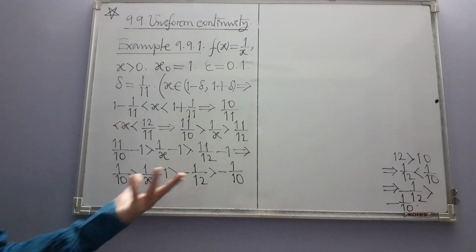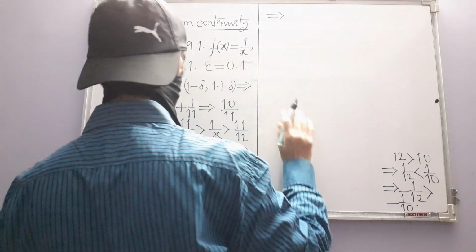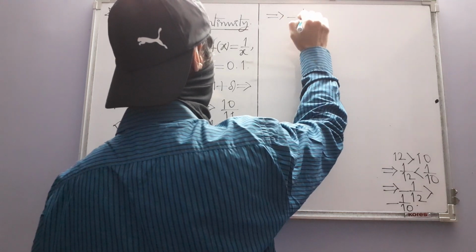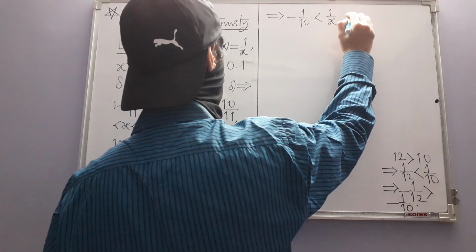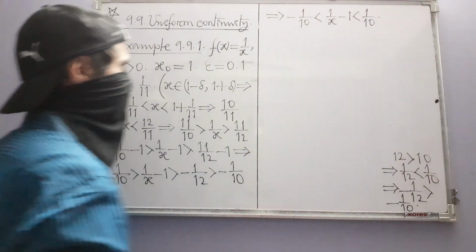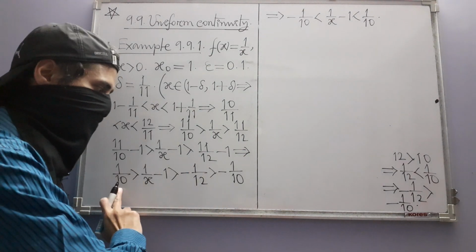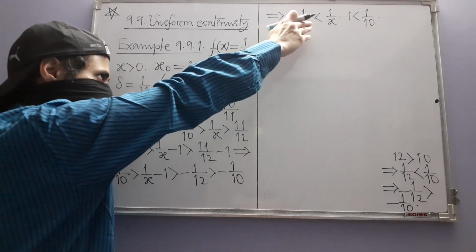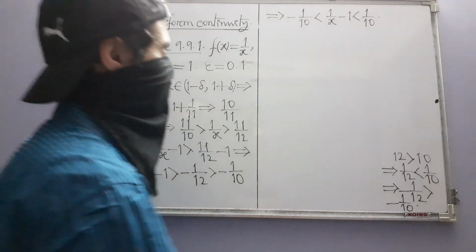Now, writing these inequalities in a slightly different manner, we get what? Minus 1 over 10 is less than this, which is less than 1 over 10. See, we have written minus 1 over 10 first, but accordingly we have adjusted the inequality in the direction also.